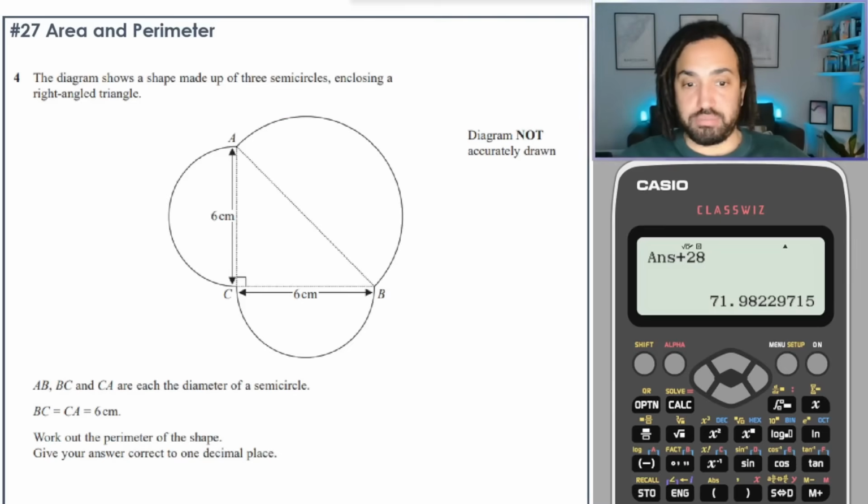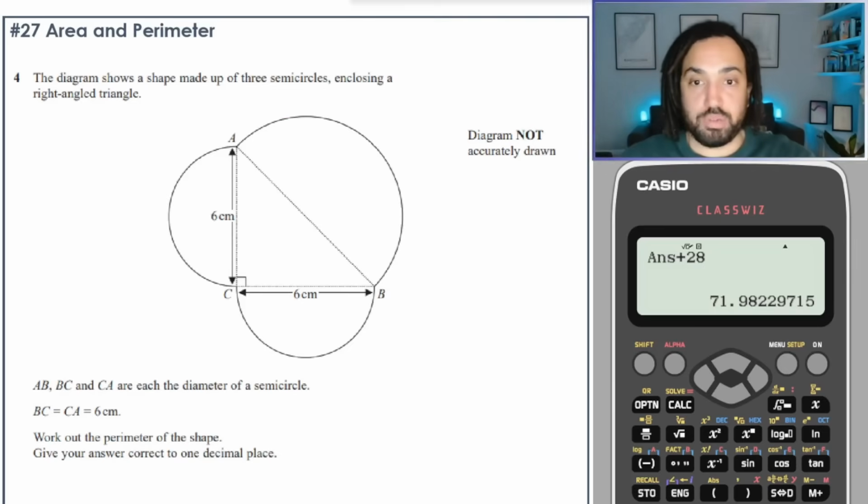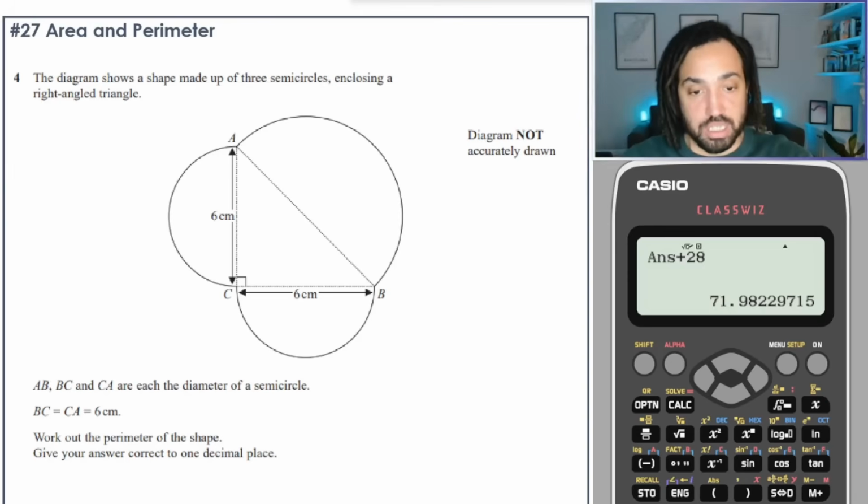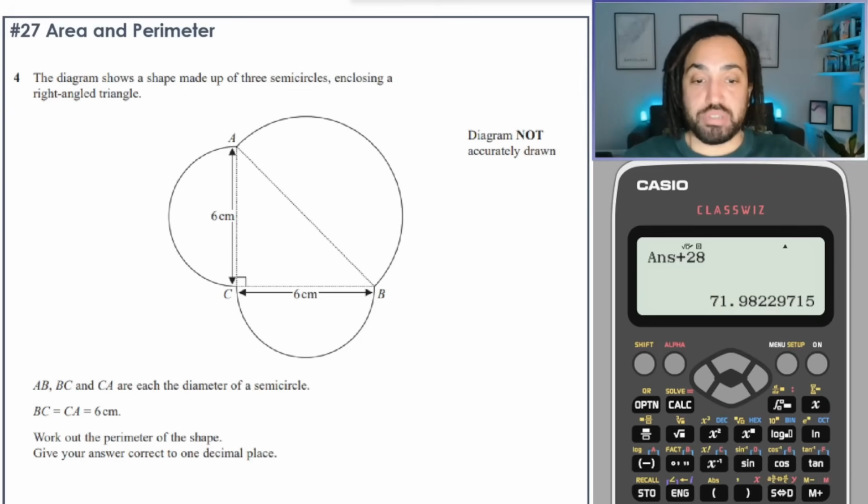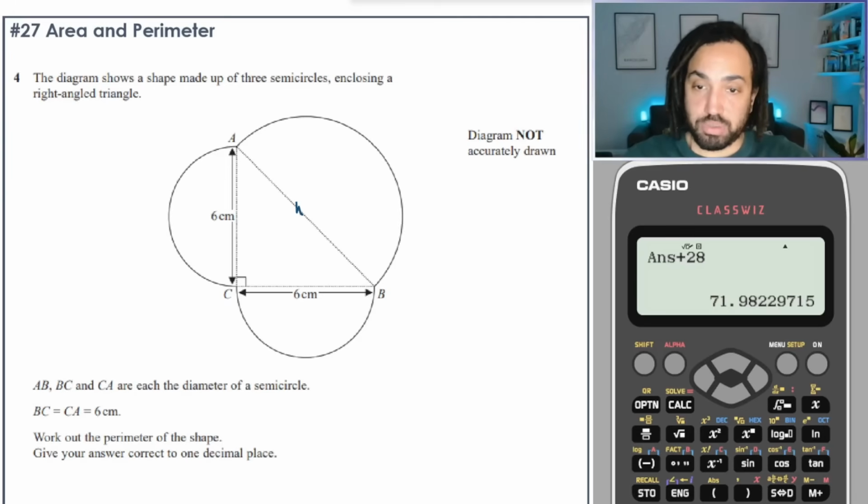Okay, again, the last couple of questions have all been very similar because these topics do interlace quite a lot. Anyhow, area and perimeter, work out the perimeter of this shape. Well, we're going to need to use Pythagoras' theorem to find this hypotenuse here. So 6 squared plus 6 squared is equal to h squared.